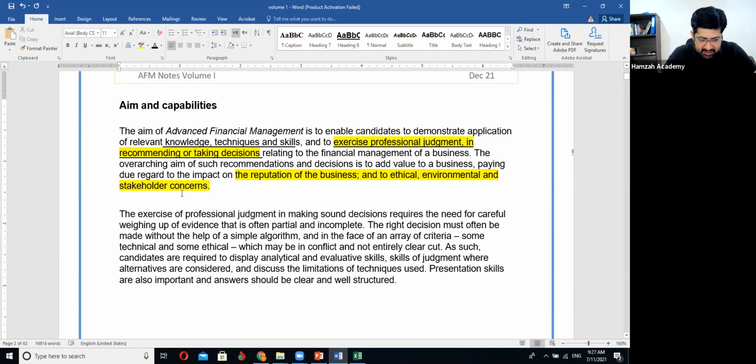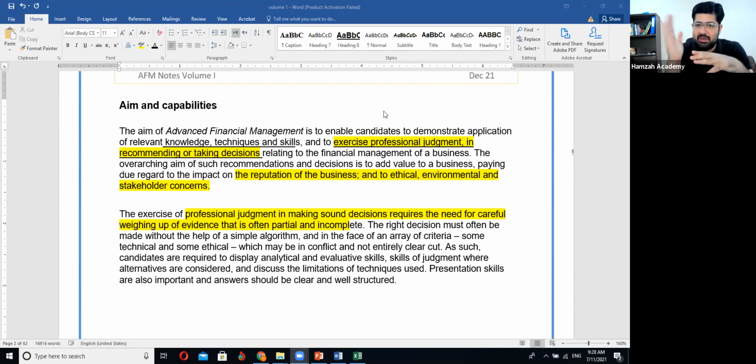Now, students, sometimes when you are going to make a decision, remember there is not always one best decision available. Rather, you have to consider multiple other aspects as well. For example, if I make decision A, what are the pros and cons of it?